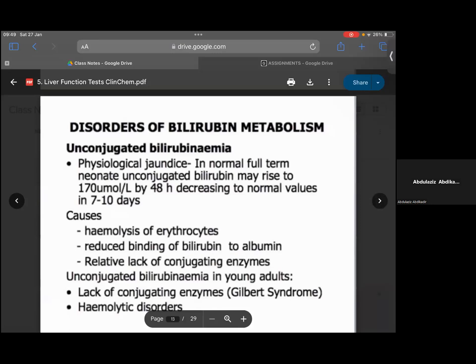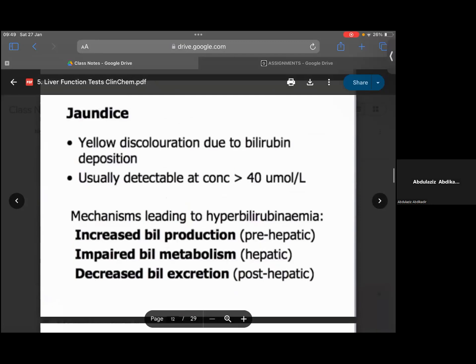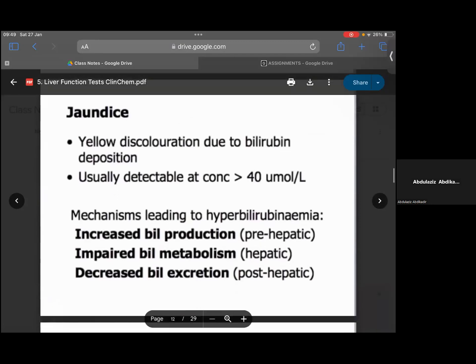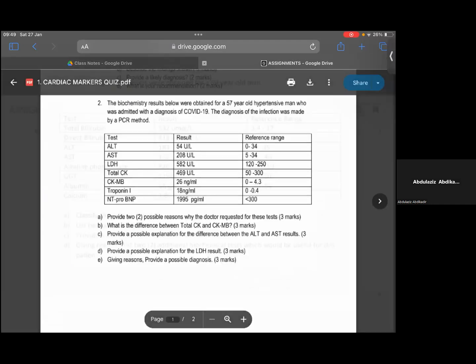Yeah, jaundice, it's either conjugated or unconjugated. So which type of jaundice?